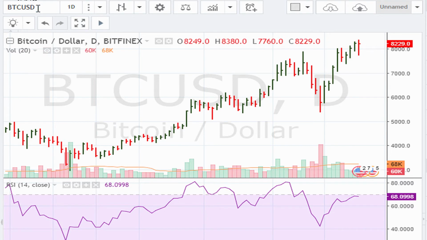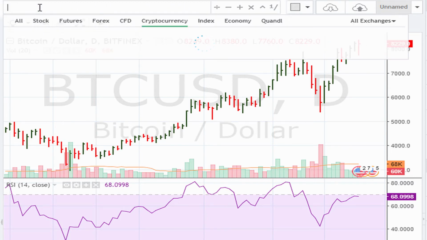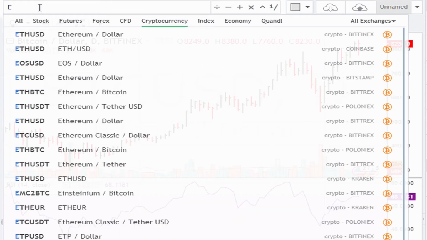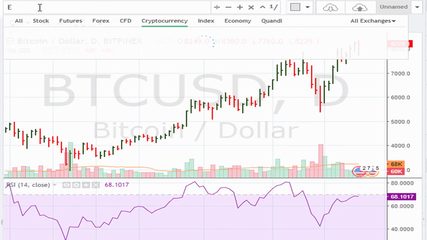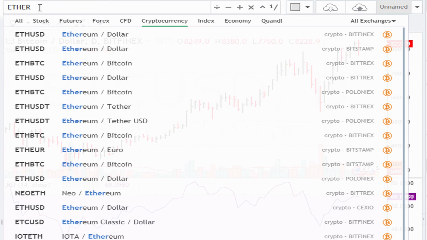Now, this is not the only currency in the crypto space. Take a look at Ethereum. All right, and we're taking a look at Ethereum daily versus the dollar.